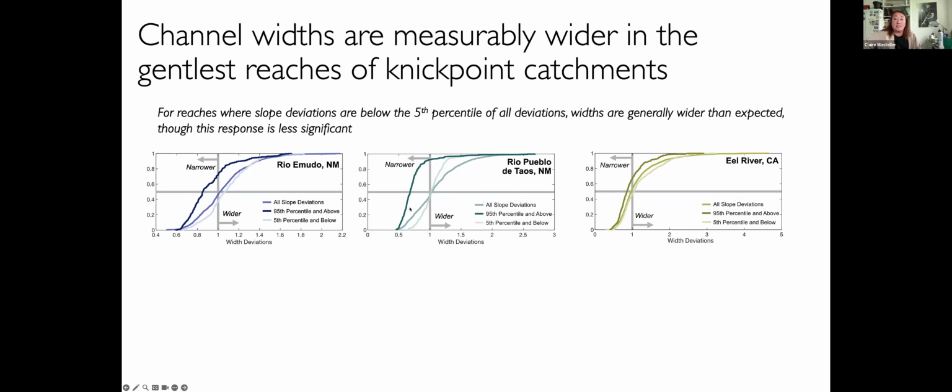If I interpret this question correctly, it's ultimately about what the bed material and the bank material is comprised of. In many of these places, we're cut into glacial till, and some of these places are not. That's something that we have not looked at.